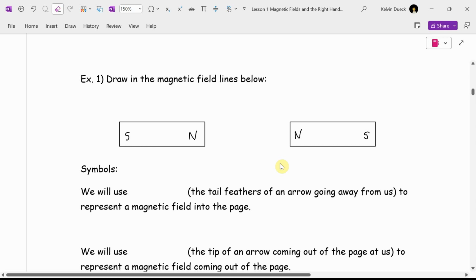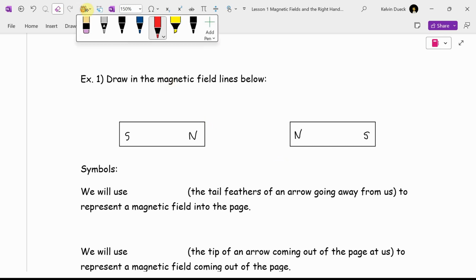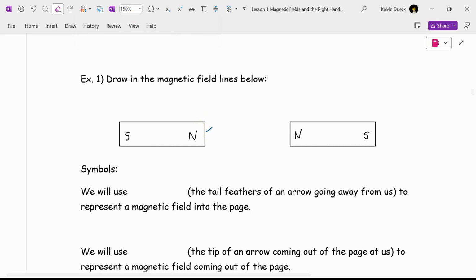Example 1 says, draw the magnetic field lines below. Okay, like poles. So if I start on this magnet right here, I would get repelled by the north. I would end up maybe like that, and like that. Maybe like that, maybe like that.